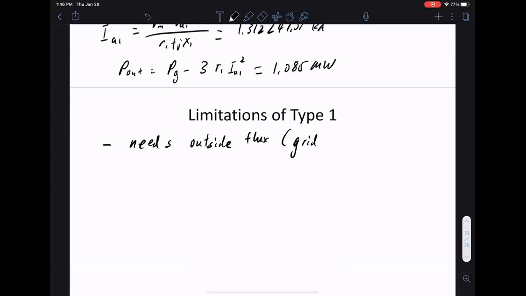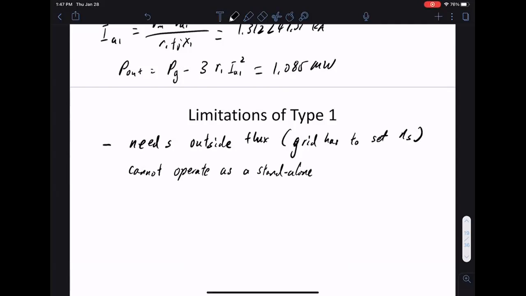The grid has to set the synchronous speed. It cannot set its own synchronous speed. It needs a frame of reference provided by the grid. So it cannot operate as a standalone system.